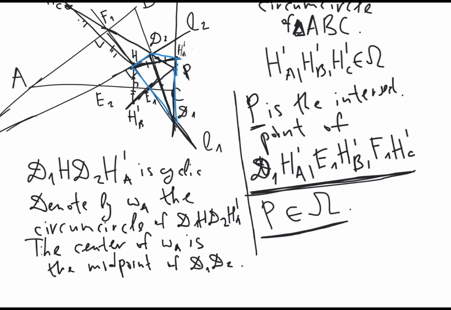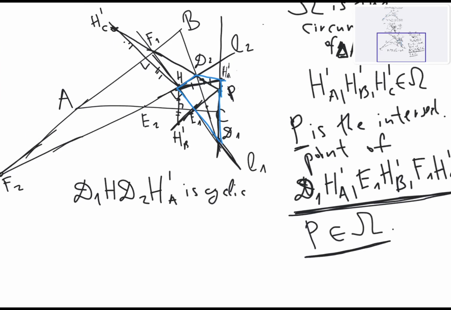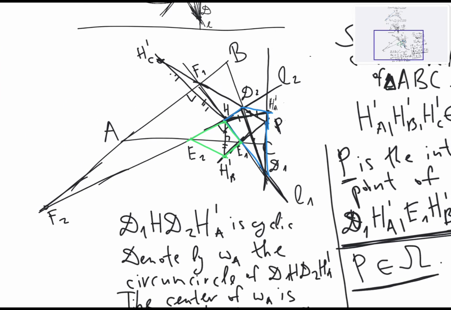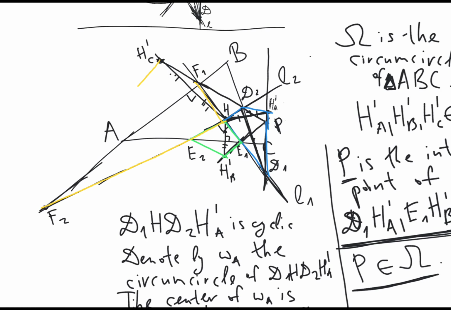And so therefore the midpoint of this diameter is exactly the center of this circle. And so we do the same for the other two quadrilaterals. So quadrilateral E1 H E2 HP prime, this quadrilateral, and F1 H F2 HC prime.